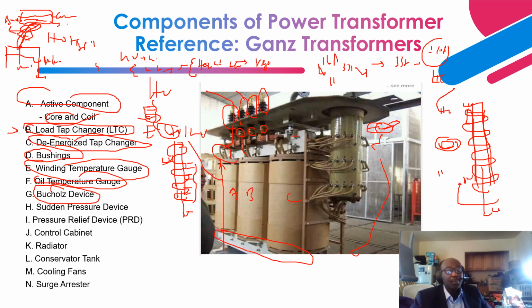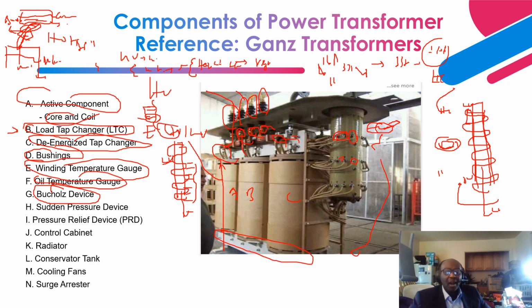Another example is incipient arcing. If you have broken strands, you can have a broken strand from here, this low voltage tap leads. We can have broken strands from this bushing connections. So when you have such a situation, a broken connection like that, what is it going to do? It's going to create an arcing.